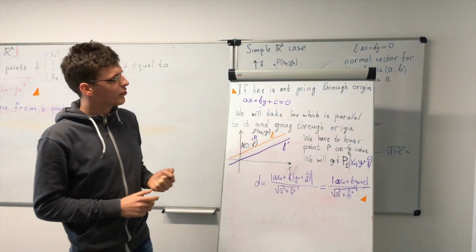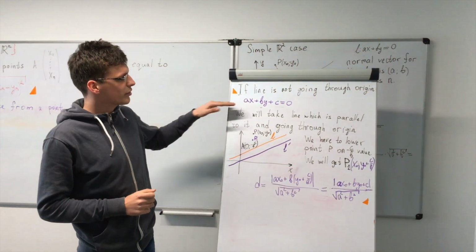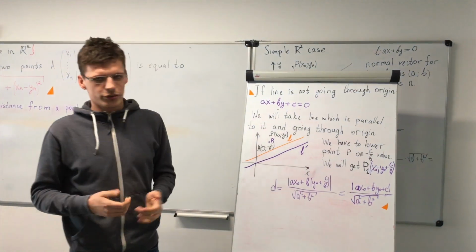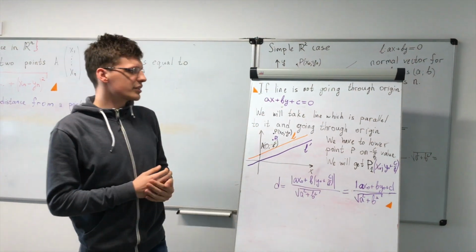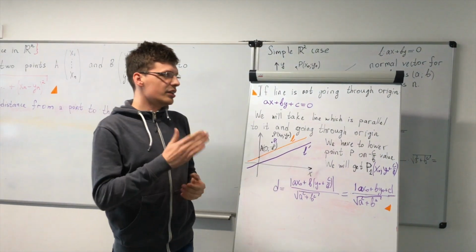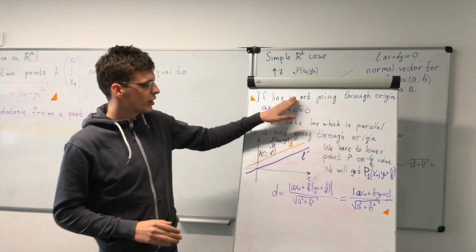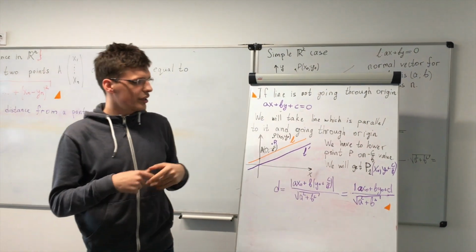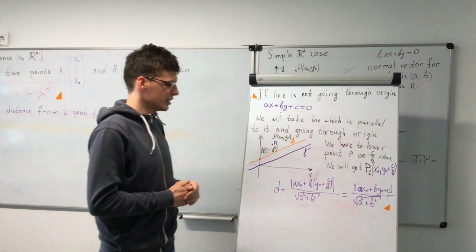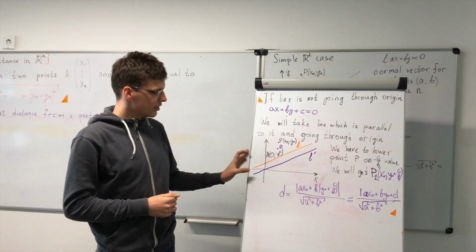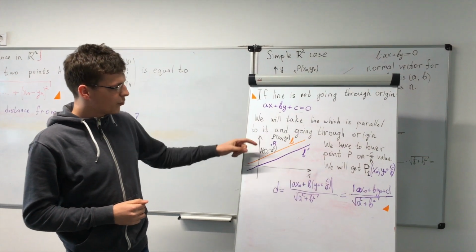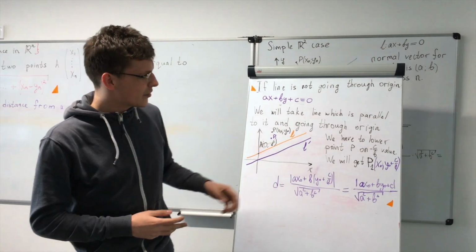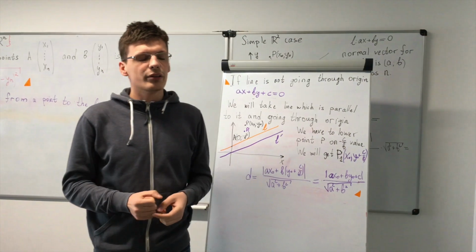You may ask, what if the line is not going through the origin? Let it have such an equation, and we will take a line which is parallel to it and going through the origin to use our previous case. Its equation will be just the same but without this c, and we have to know by which value we need to lower our point P to get the same distance. This value is the intersection of line L and our ordinate axis, and we will get the value minus c divided by b.